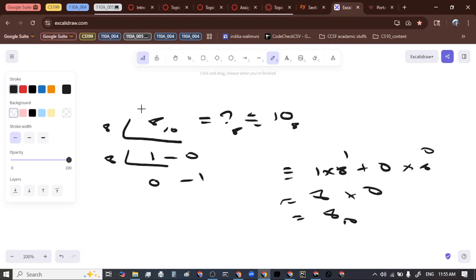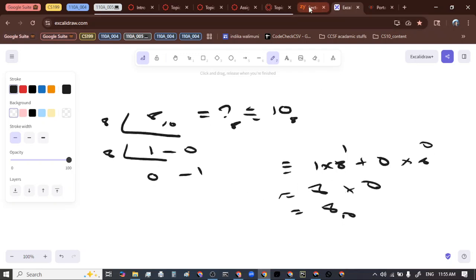This is the notation I am writing for the residual. What I am saying here is that for 8, when I divide by 8, I have one whole 8 in there, and what's left is 0, nothing. So it's notational only. Please, it's not 1 minus 0.